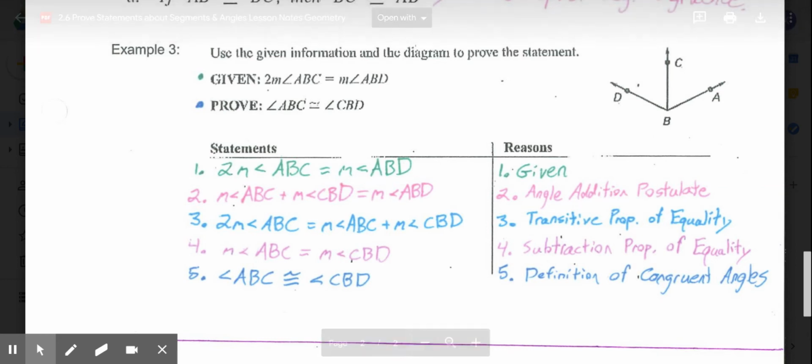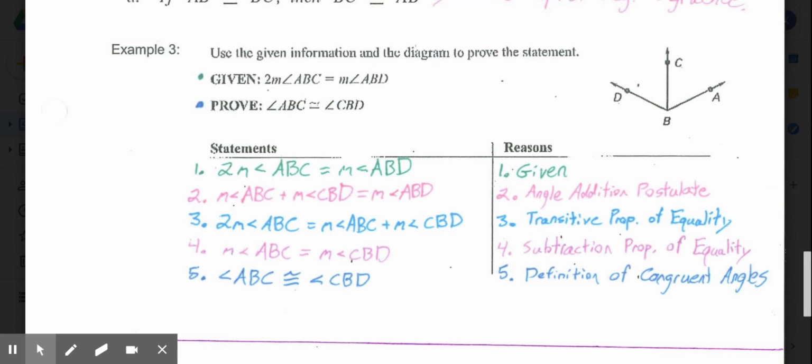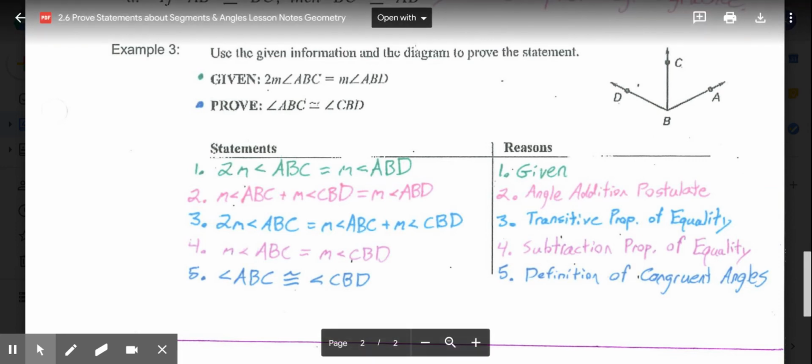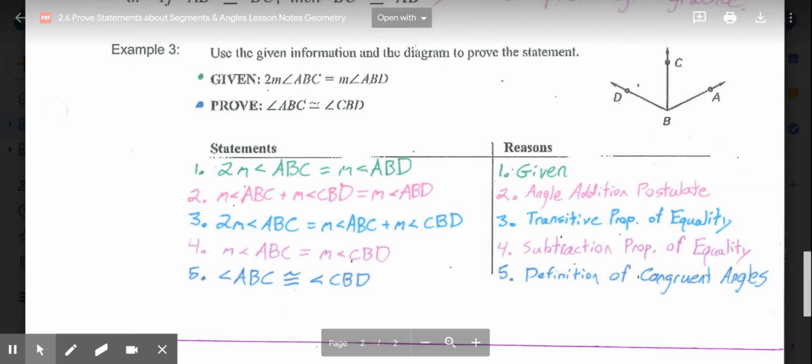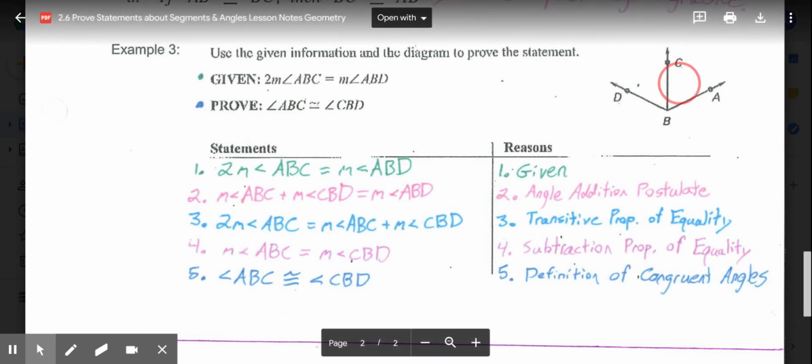So given 2 times the measure of angle ABC equals the measure of angle ABD, they want us to prove that angle ABC is congruent to angle CBD. So we're trying to prove that ABC, this right-hand angle, is congruent to CBD, this one on the left. And we know 2 times ABC equals the whole angle ABD.